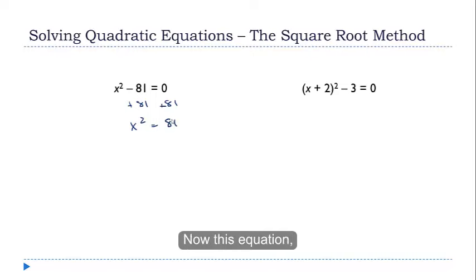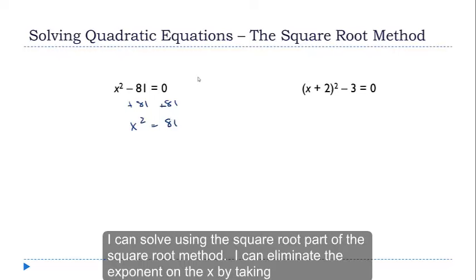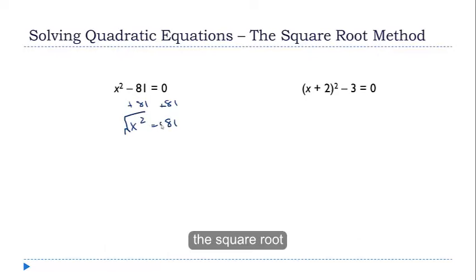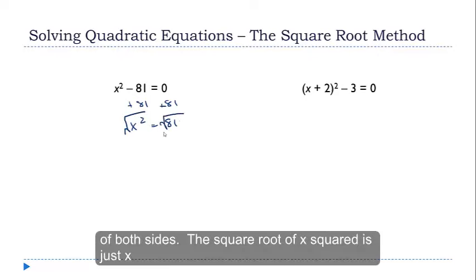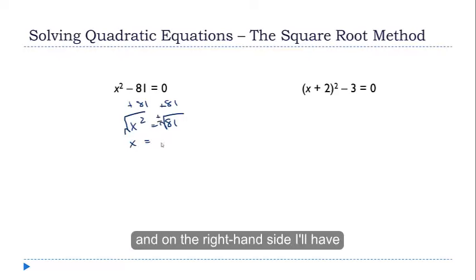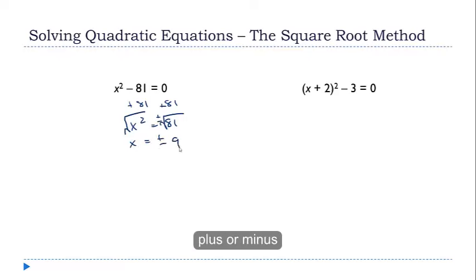Now, this equation I can solve using the square root part of the square root method. I can eliminate the exponent on the x by taking the square root of both sides. The square root of x squared is just x. And on the right side, I'll have plus or minus 9.